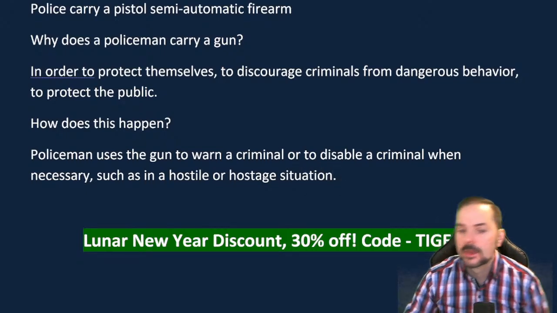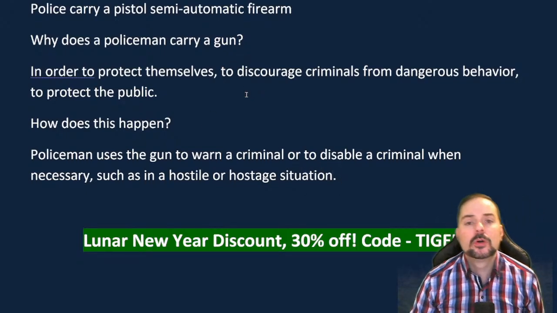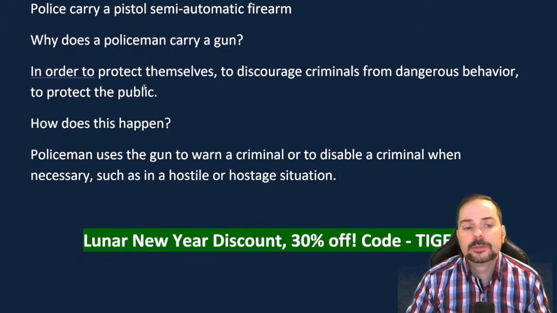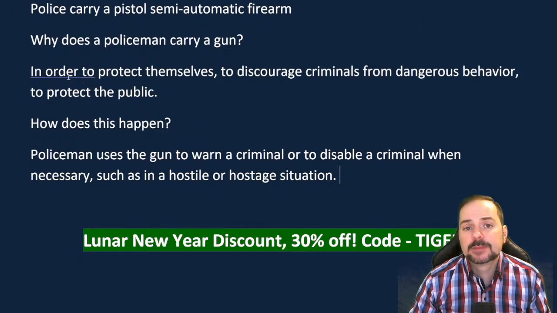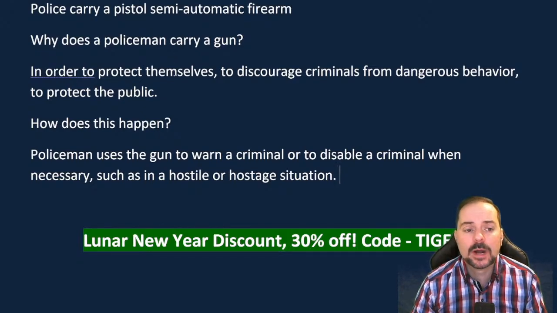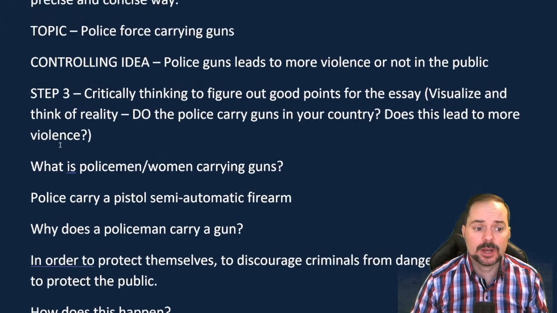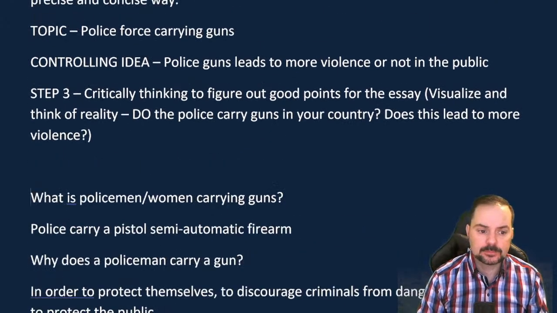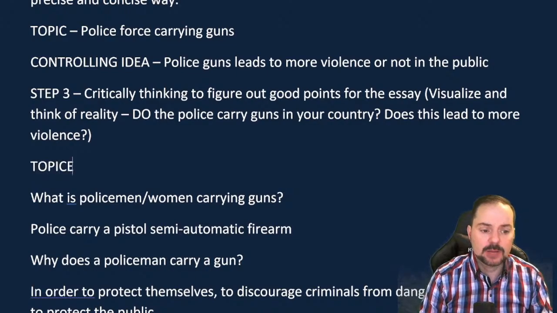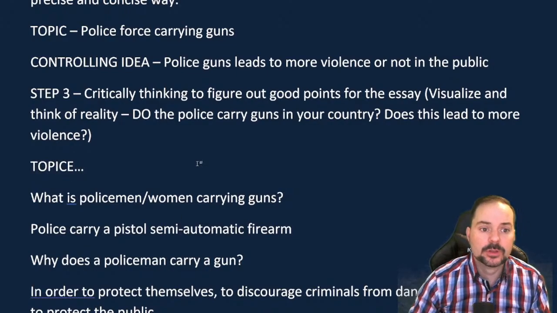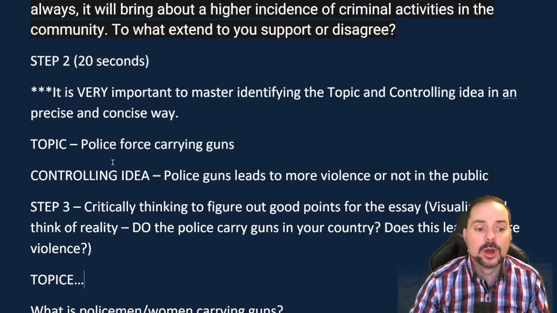Okay. All right. So here I'm going a little bit faster because I'm showing you that this planning happens quickly. When you're going through the what, why, how, it happens quickly. Here I'm asking the what about the topic, so the police carrying guns.